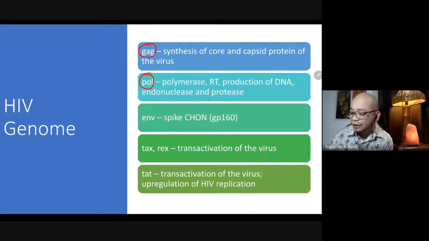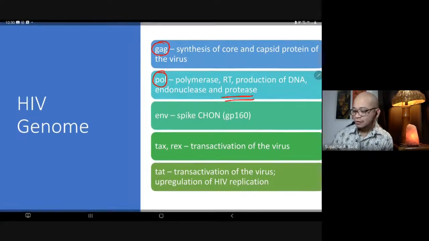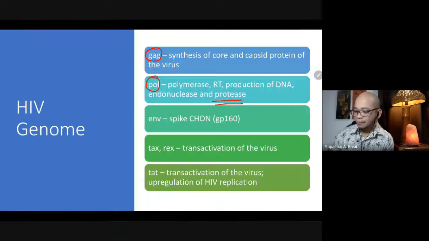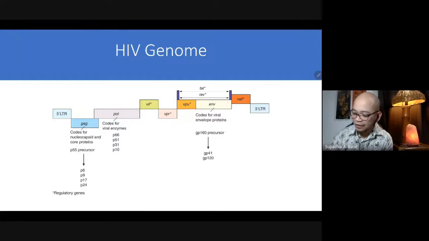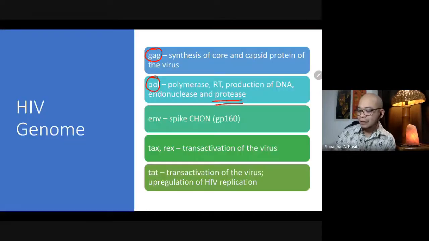By the way, it is the protease, which I forgot to mention a while ago in my previous slide, it is the protease enzyme that will subdivide the main precursor protein into several submarkers. Okay. And the one that is, of course, responsible for its synthesis is the POL.